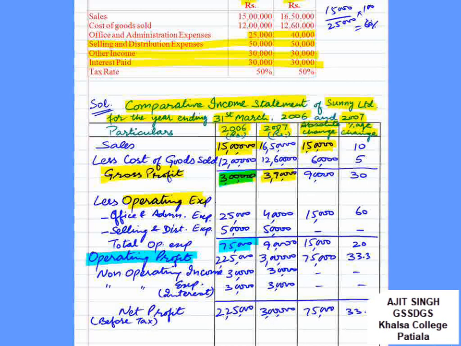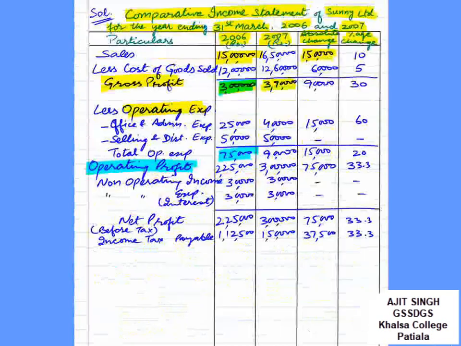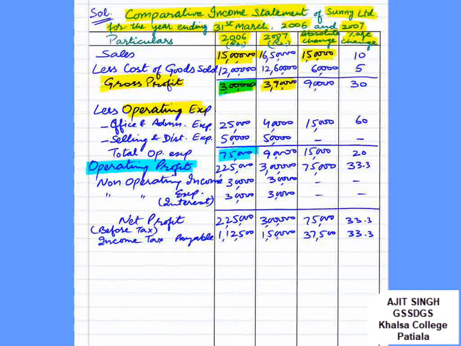Now we have to calculate tax, income tax payable. It is given in the problem that tax rate is 50% for the both years. Thus, for the first year it comes to be 1,12,500 and in second year it is 1,50,000. Increases by 37,500 and percentage change comes to be 33.3%.